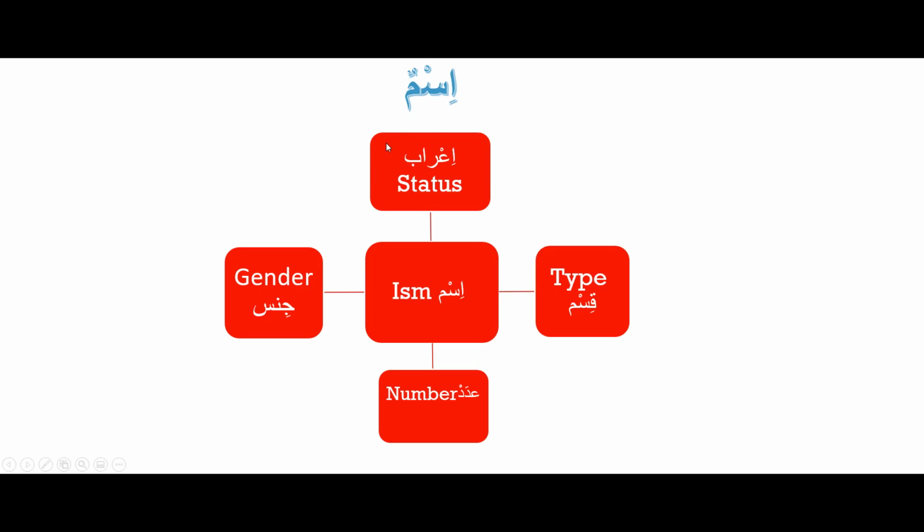And status is again related to ending signs. So these four properties are taken only by isms. The verbs cannot take these properties. And so whenever we come across a word and we want to know whether this word is an ism or a verb, we have to state all the four properties. And in that way, we can figure out that the word is an ism and not a verb or something else.